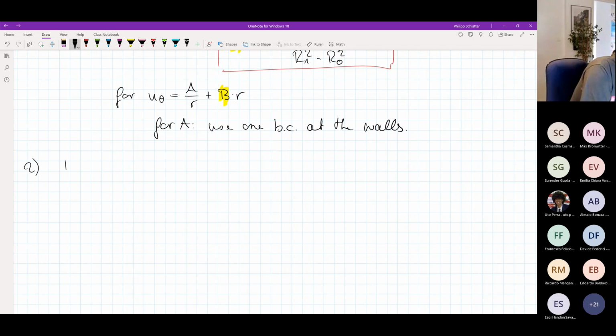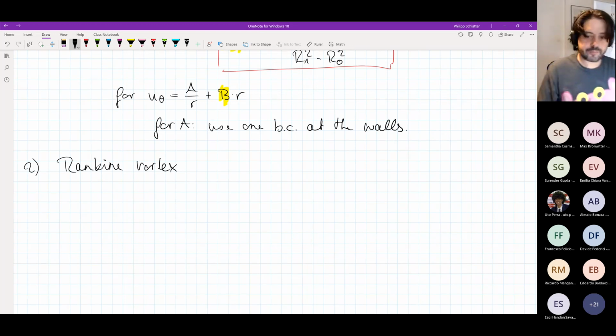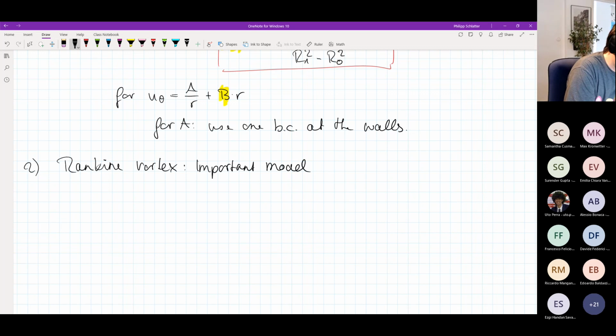What we take here is the so-called Rankine vortex. Sorry. So we will describe what a Rankine vortex is, and that actually is an important model for a general vortex.